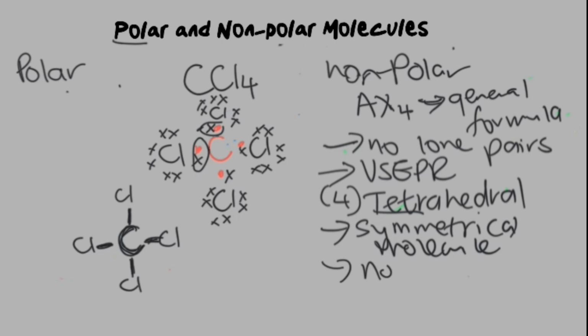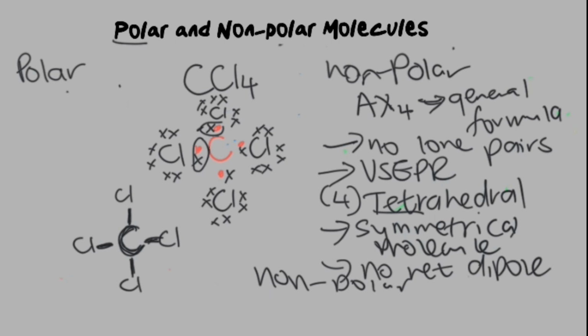And that means it has no net dipole, making this overall molecule non-polar. All right, so if you were to explain this for your exam, you would start off by saying that CCl4 contains no lone pairs around the central carbon atom.